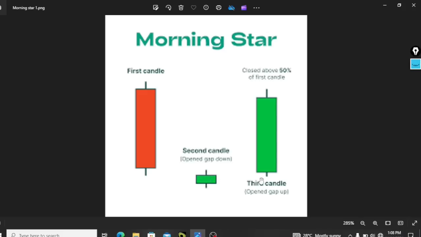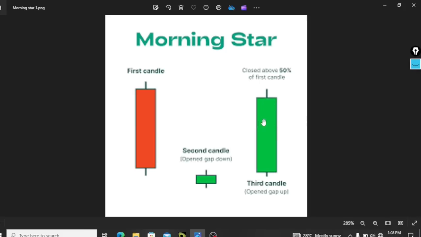So it is composed of 3 candles: the red candle, the small doji candle, and then the third green candle. So once the third candle begins to trade above 50% of the body of the red candle, just know that it is a morning star.